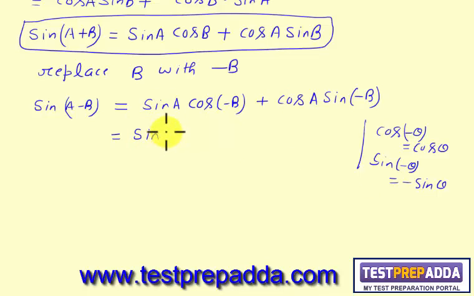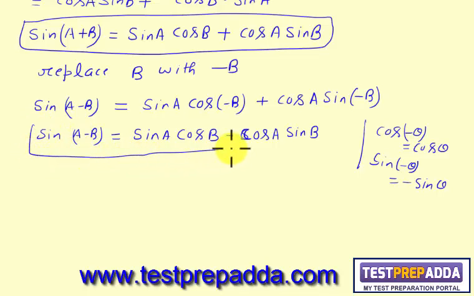So it becomes sine A cos B, and sine minus B is minus sine B, so it becomes minus cos A sin B. So this way we get the result sin A minus B, another special trigonometric identity. Okay, this was sine A plus B and sine A minus B.